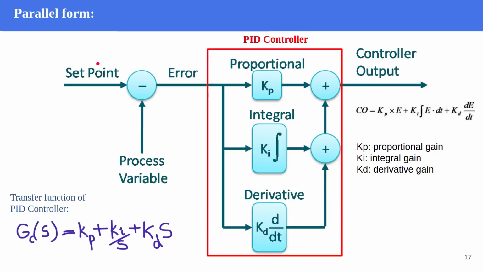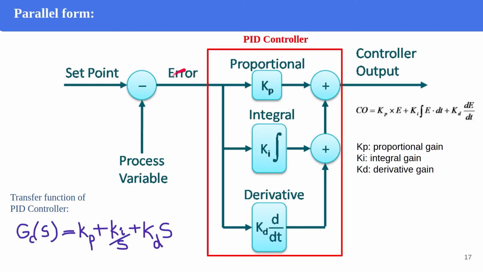In the parallel form, as you see here, the set point is the desired value, for example, the temperature of the heater, fed into the system. This is the process variable, and these are compared and the error is achieved.